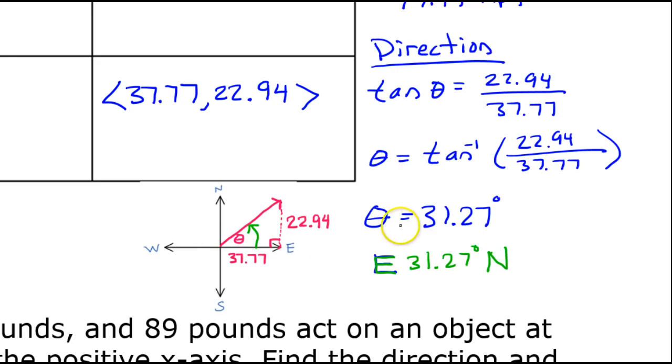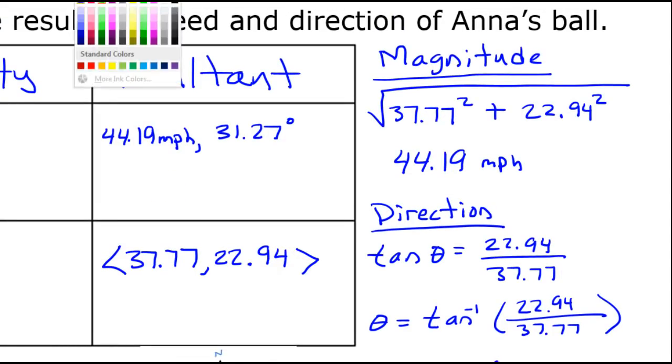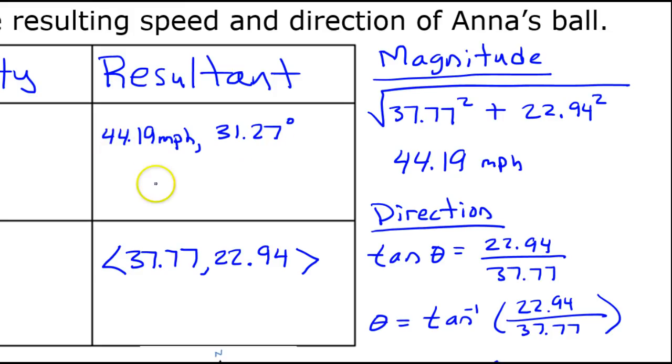So we could describe this same angle as east, 31.27 degrees north. So that's all we have to do. So I'm just going to rewrite this whole thing. We've got the magnitude and the direction, but the magnitude is 44.19 miles per hour. And now I will write the direction as east, 31.27 degrees north. So this is the final answer.